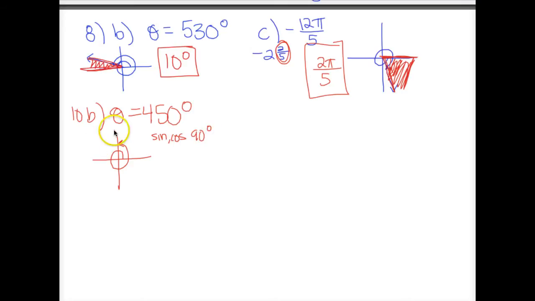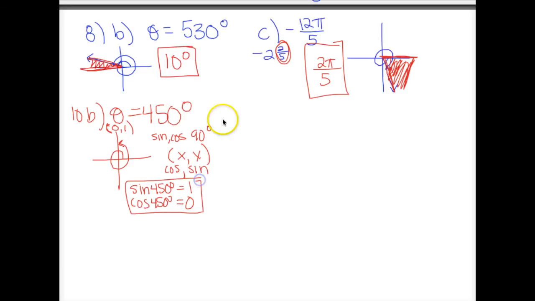On our unit circle, that point has the coordinates 0, 1. Because the coordinate x, y is cosine, comma, sine, the sine of 450 degrees is the same as the sine of 90, which is 1. And the cosine of 450 degrees is the same as that of 90, which is the x-coordinate, 0. So sine is 1, cosine is 0.